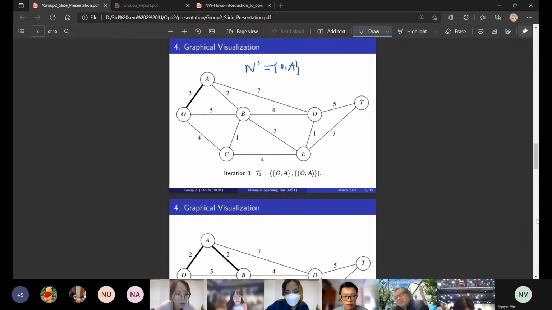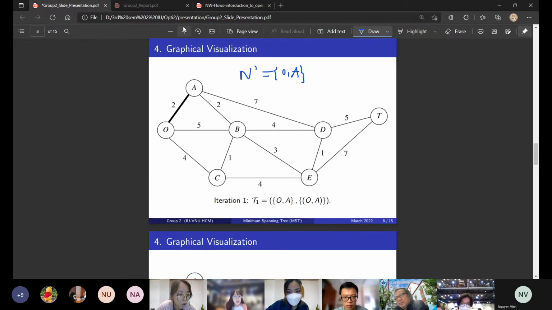And we go on considering the unselected nodes that are accessible from O and A, that are B, C, and D. There are 4 arcs we should consider: OC with the length 4, OB with the length 5, AD with the length 7, AB with the length 2.